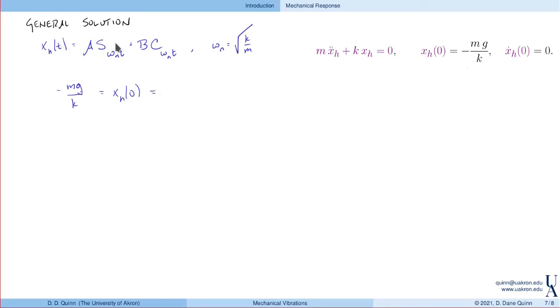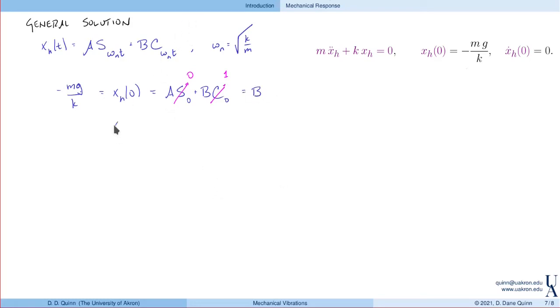If I take the general solution and evaluate it at time t equals 0, I have A times sine of 0, and I have B cosine of 0. Remember that sine of 0 is equal to 0, cosine of 0 is equal to 1. So this simply reduces to B.